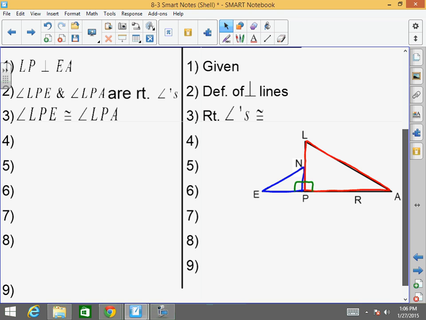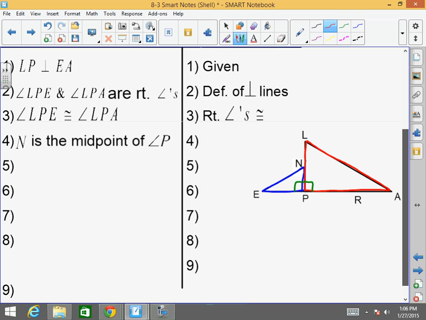Okay. Then another given. Very good. Wow, you're on fire, brother. N is the midpoint of LP. So if N is the midpoint of... whoa, hold on. Did I write that down correctly?